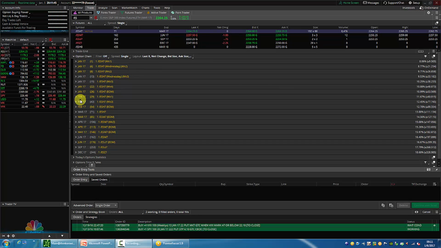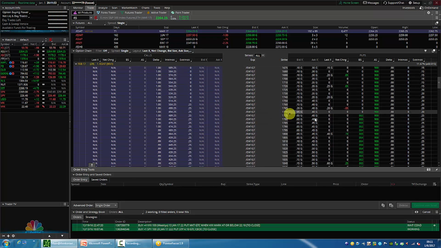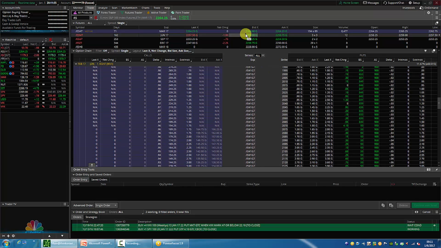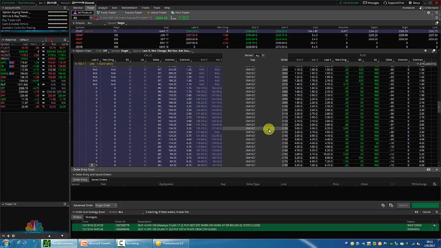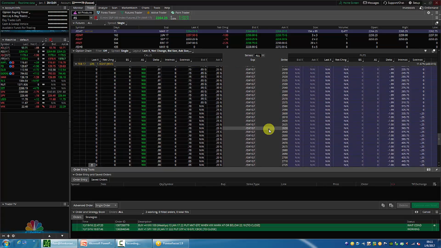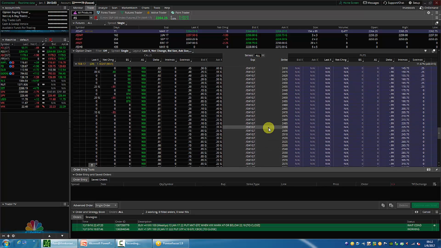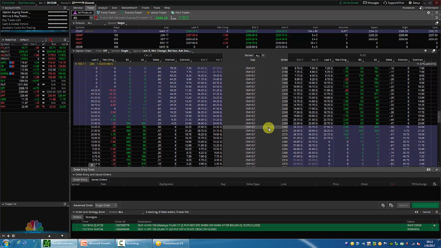And for the option, let's take a look at the 1 month option, 29 days. The current price is 2264, so we'll look at the at the money option. So 2265 around there, and the put option is going for about 25 points, and the call option is going for about 24 points.